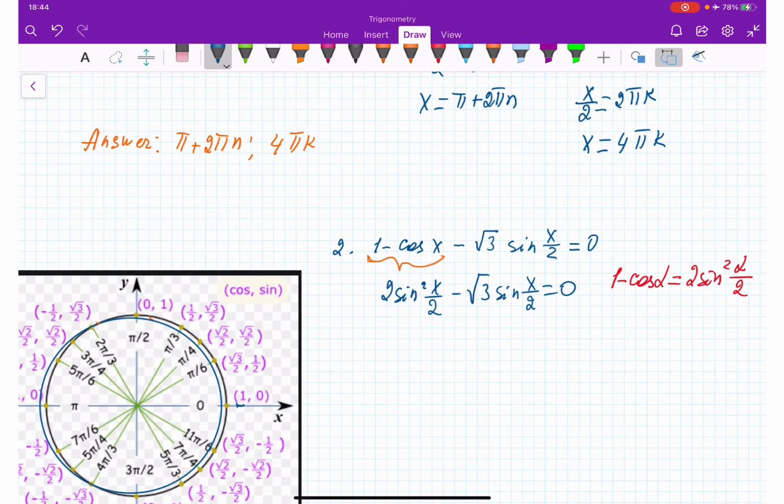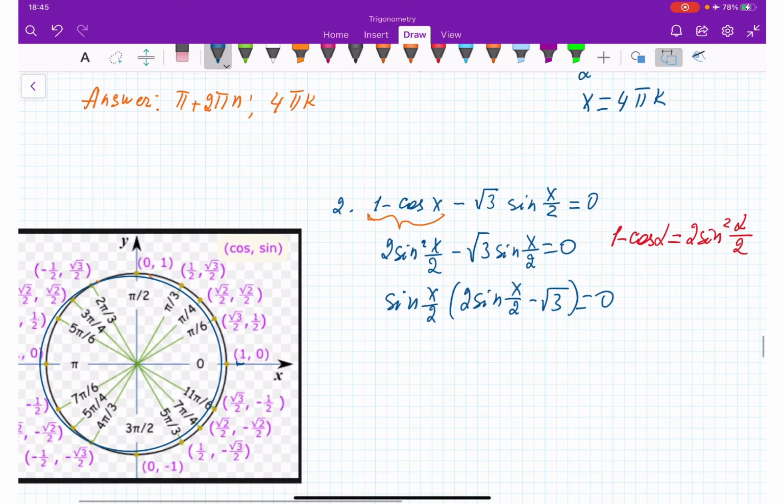Okay, so sine x over 2 we take out as a common factor, and we are going to get 2 sine x over 2 minus square root 3 equals 0. So from here, either sine x over 2 is equal to 0, or 2 sine x over 2 minus square root 3 is equal to 0.